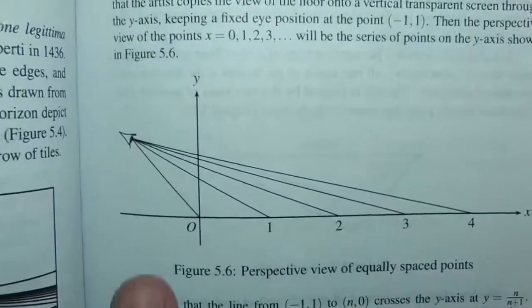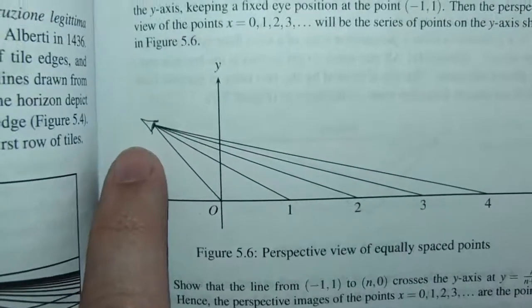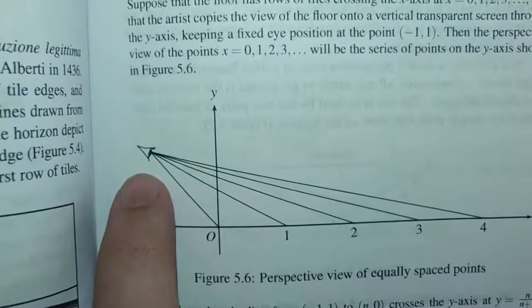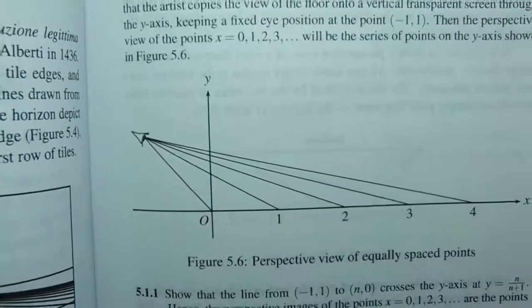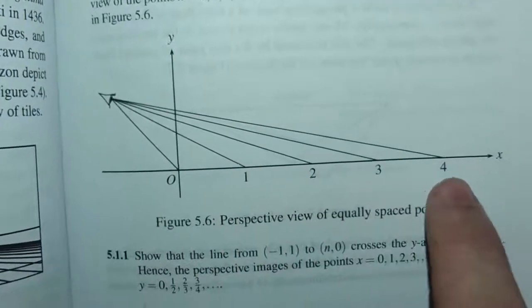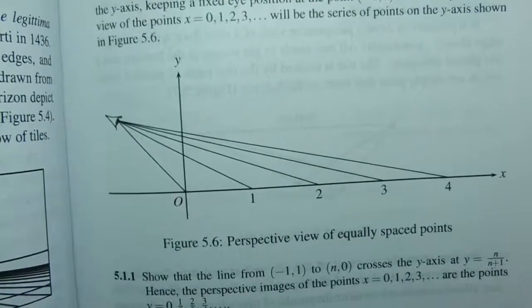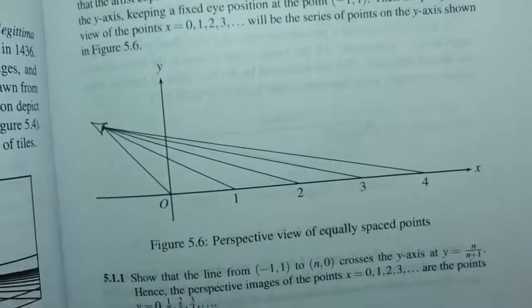So have a look at this. Suppose that you have an eye here that is fixed at the point (-1, 1), and that eye is looking at equally spaced points, so the origin, the points (1, 0), (2, 0), (3, 0), and (4, 0) along the x-axis. So these are equally spaced points. You can just see that here.